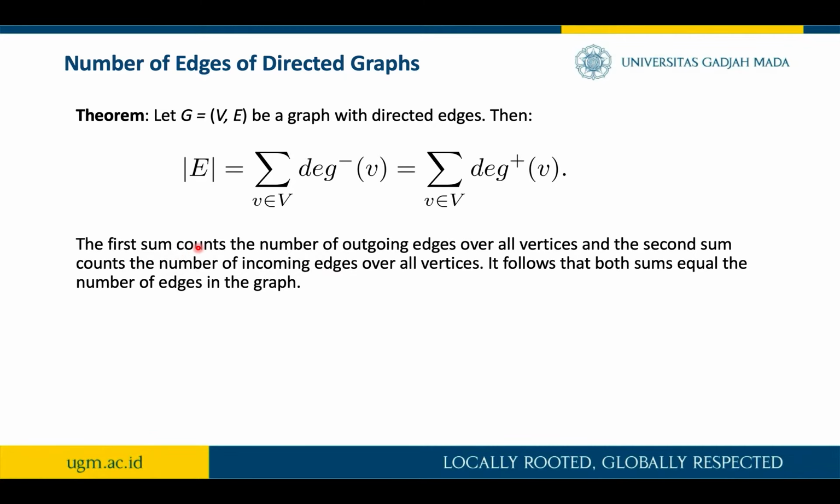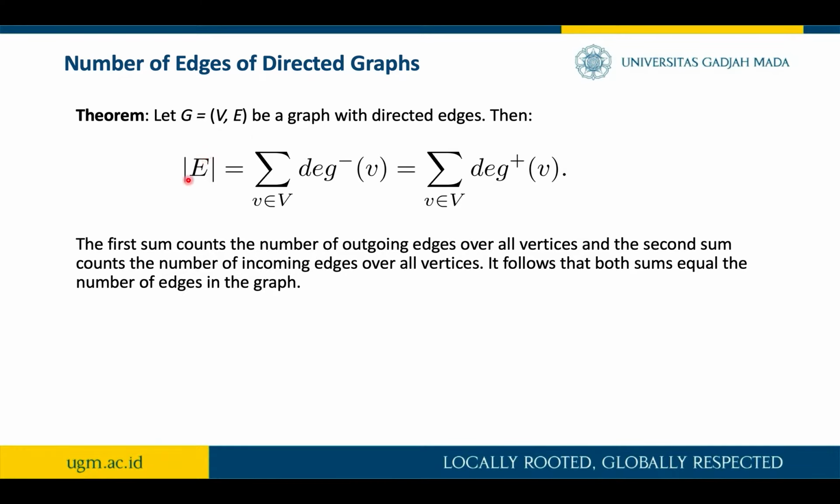The number of edges of directed graphs can be counted based on the total in degree or out degree of the vertices in the graph. So we use this theorem. G here is a directed graph.